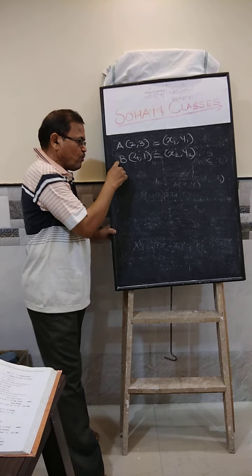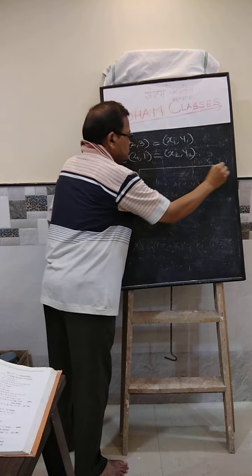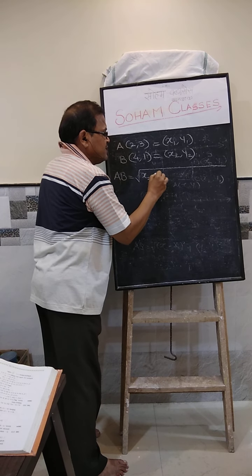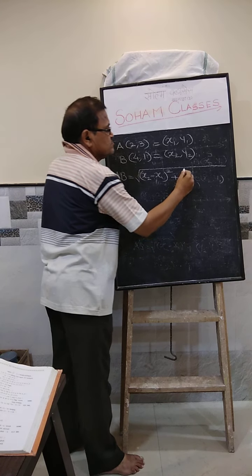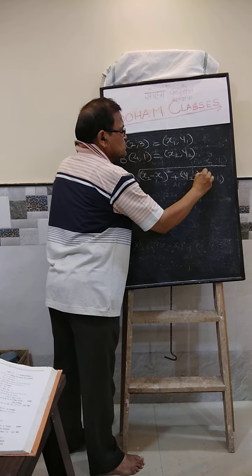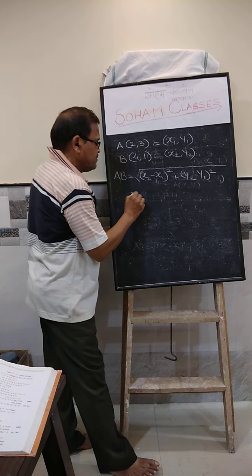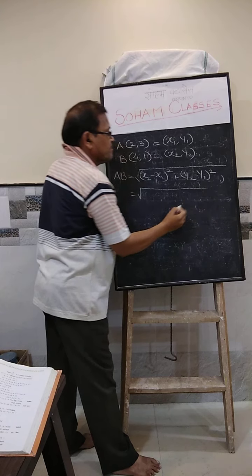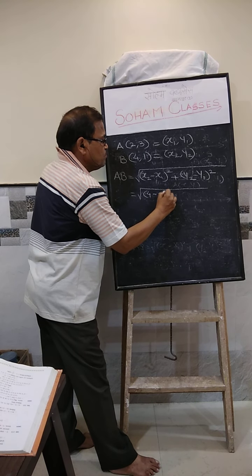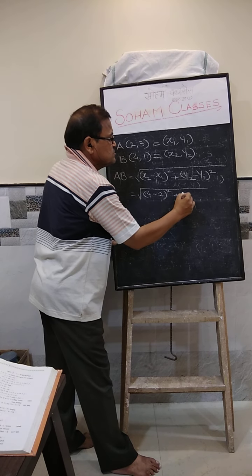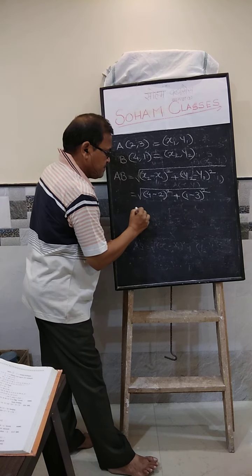So the distance between the 2 points as per the formula, AB is equal to under root (x2 minus x1) bracket square plus (y2 minus y1) bracket square. Putting the values, what do we get? (4 minus 2) bracket square plus (1 minus 3) bracket square.